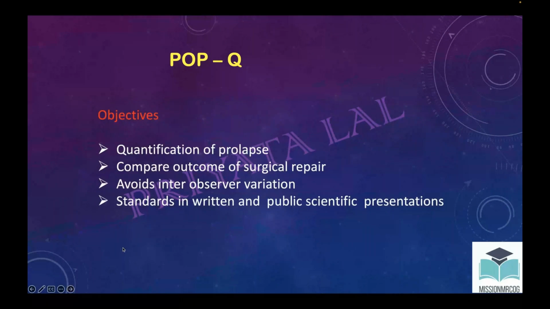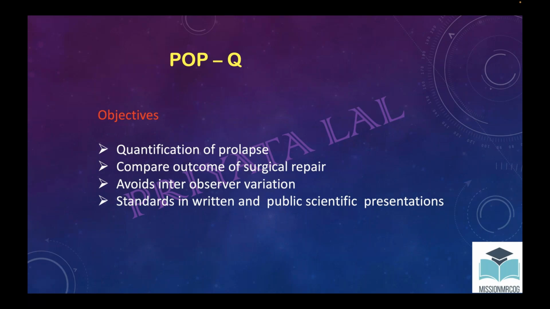Now, what is the need of it? It helps in quantification of prolapse. If I have seen a patient and I make a grade, you'll be able to find out what the anterior prolapse, posterior prolapse, or cervical descent actually is. Then you can compare the outcome after the surgical repair: when the surgery is done, you have to find out what it was before and what it has come up to now.